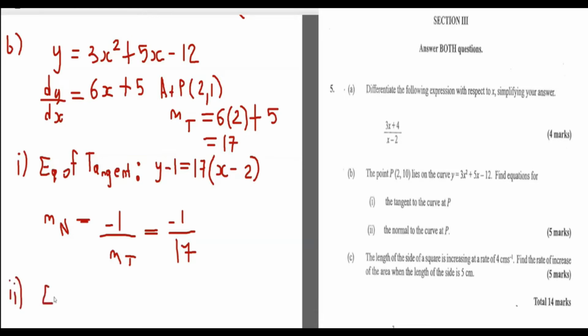All right, we can find the equation of the normal. So the equation of the normal is going to be y minus y1, so it's y minus 1, and that's equal to the gradient of the normal, which is minus 1 over 17 into x minus 2.